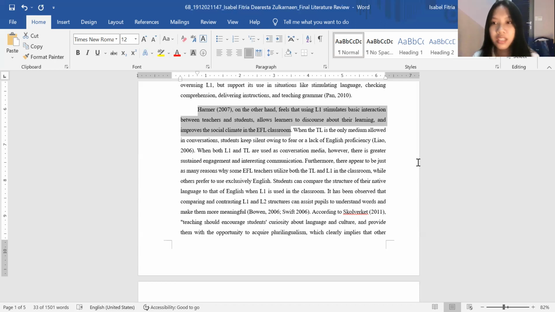Like only the teachers speak, and the teachers also only speak in the target language, not in the first language. So maybe the students do not really understand what the teachers say, and it creates a negative atmosphere. Like there is no interaction here. So that's why I think L1 stimulates basic interaction between teachers and students.